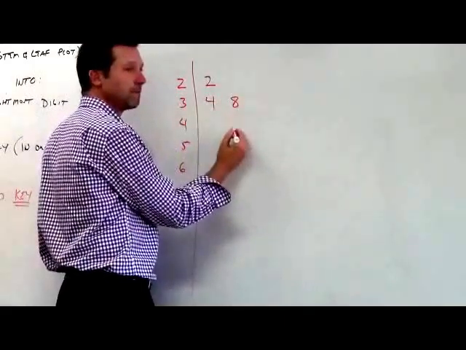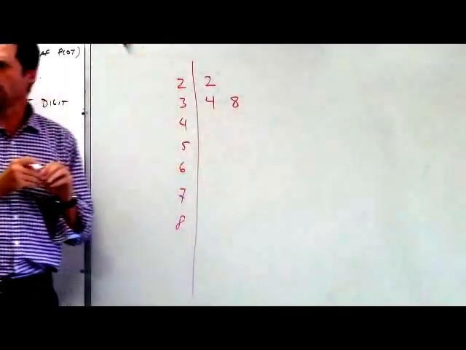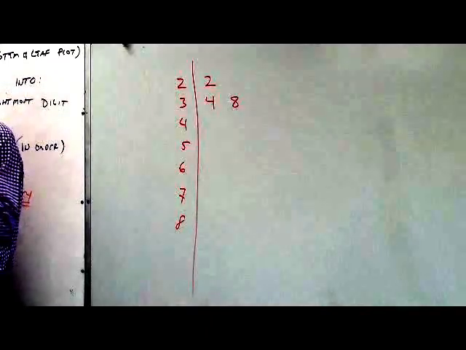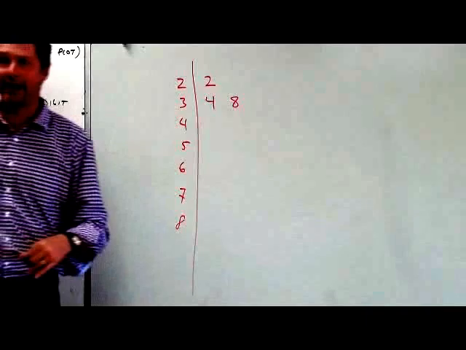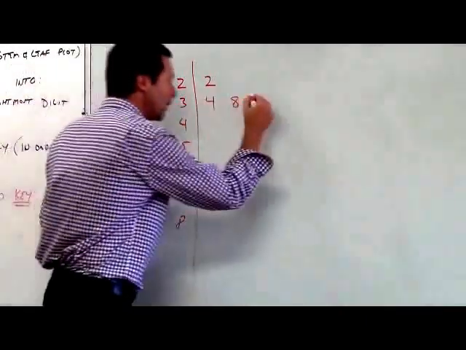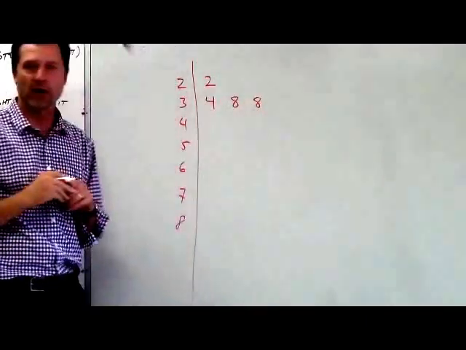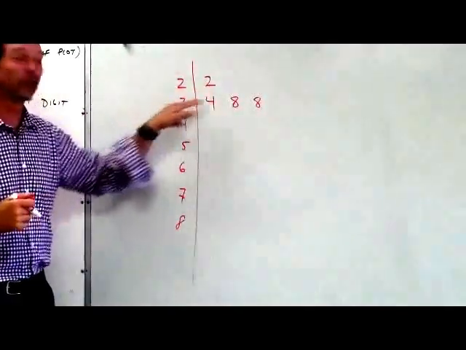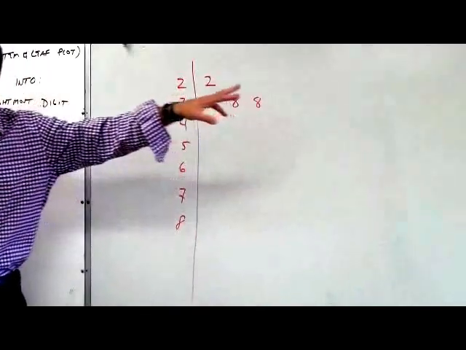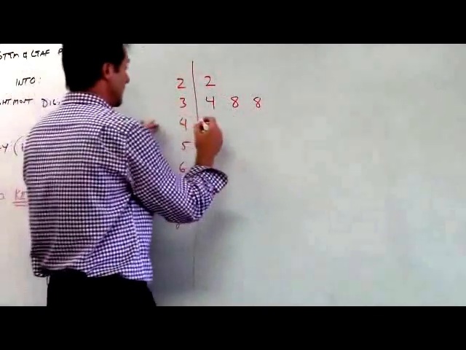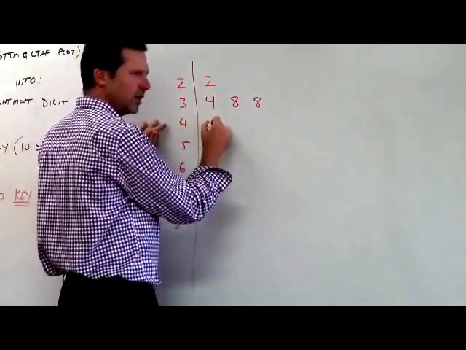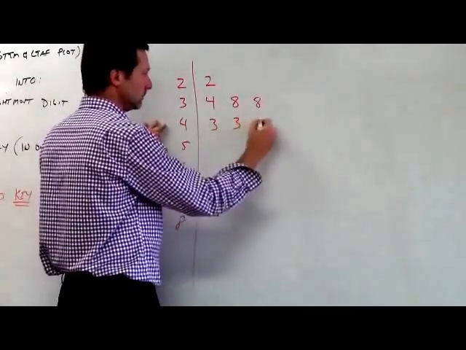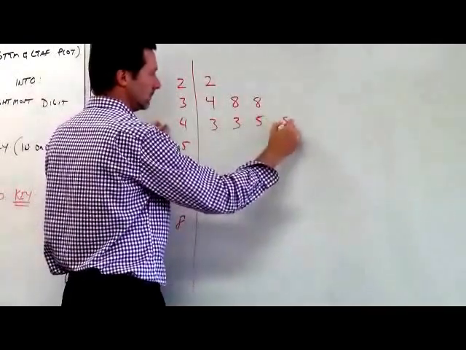What's the next one? 43. Wait, I think there's another 38, isn't there? Okay, so there's 2 38s. I want to know there's 2 38s, just like I had 2 dots on my dot plot. So I would actually put another 8 right there. So there's a 22, there's a 34, there's a 38, there's another 38. All right, give me the numbers as we go now. Next one is 43. Is there a 40? No. 43. 45, 45, 50.